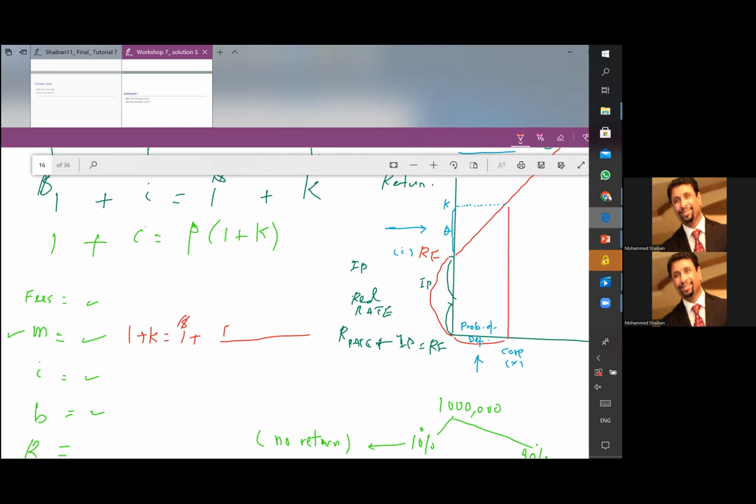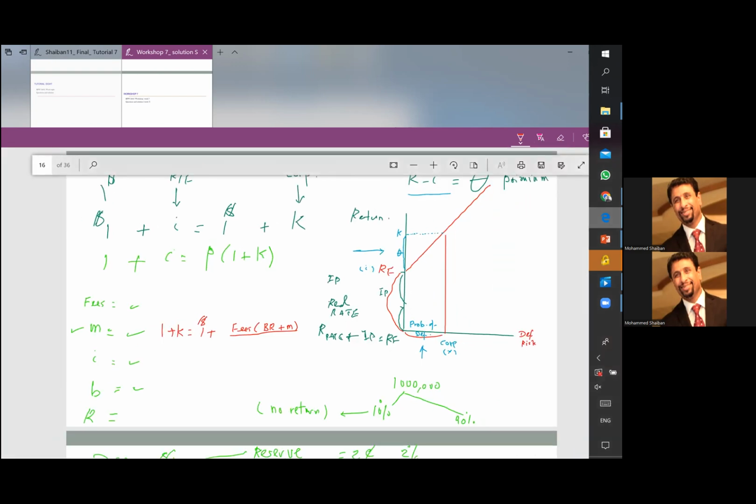I have to take the fees, then the basic rate, which is the I, plus the premium. And as I told you, when I give you 900,000, actually I'm increasing, so I have to take the compensation balance to here, and this is the compensation balance, and this is the reserve. This is how the formula works.